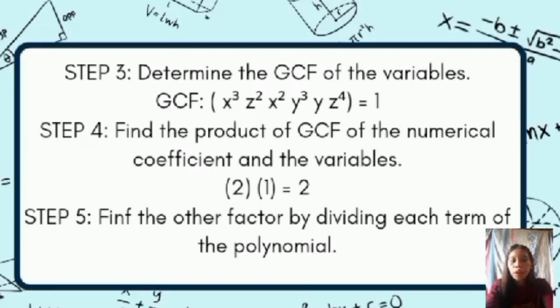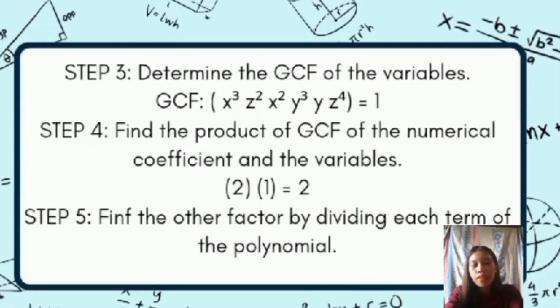Step 4, find the product of the GCF of the numerical coefficient and the variables. The GCF of the coefficient is 2 and the variables is 1, so we multiply: 2 times 1 equals 2.